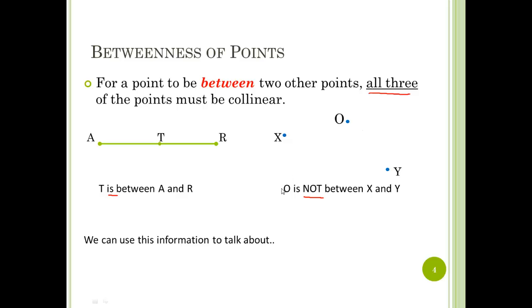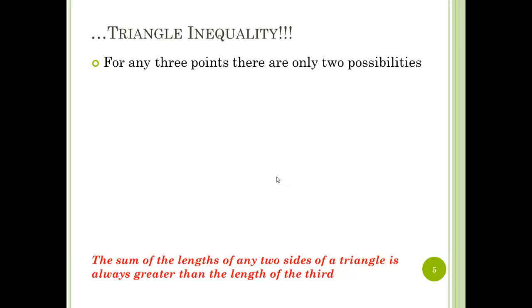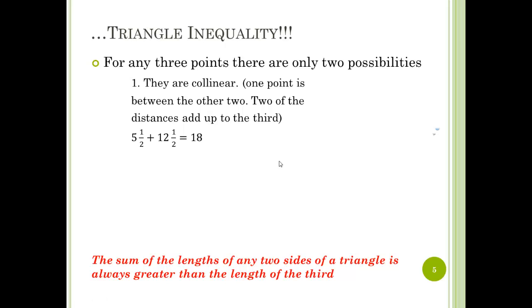And we can use that information to talk about triangle inequality. Now, if I give you 3 points, there are only 2 possibilities of what those 3 points could be. One would be that they are collinear, meaning you have, let's say, A, B, and C. B is between the other 2 because they lie on the same line, and 2 of the distances add up to the third one. 5.5 plus 12.5 equals 18.